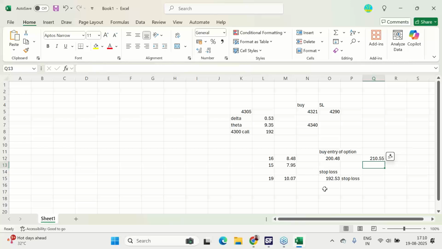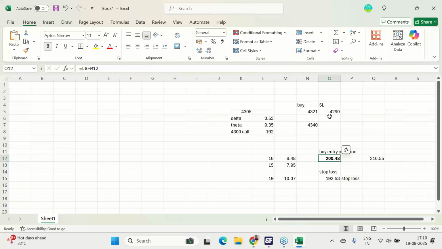From my buy entry, how far I am, that difference I am taking, and that is 16 rupees. I am multiplying it with the delta. So this is coming to $8.48. So this $8.48 I am adding to the current price of the call option. So this is giving me the buy entry of the call option.